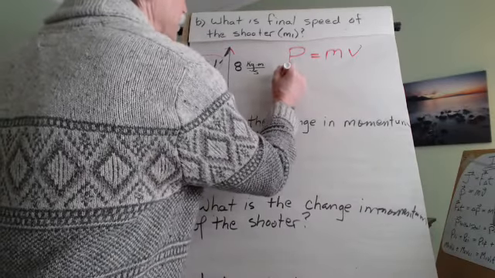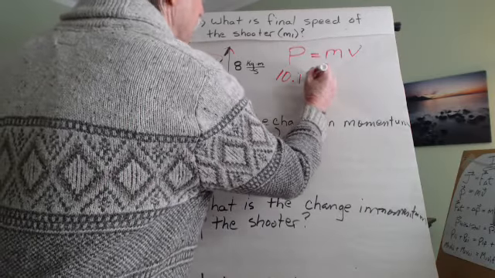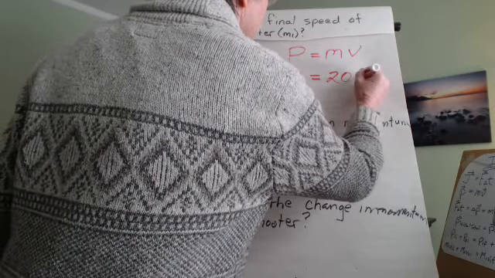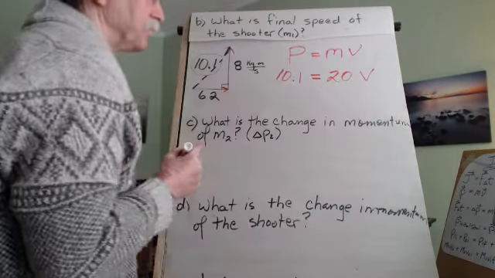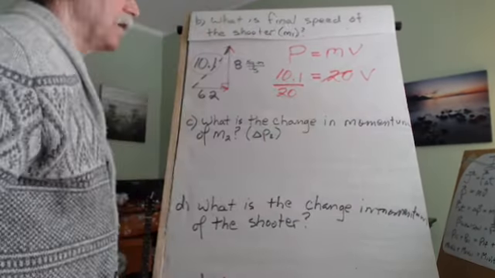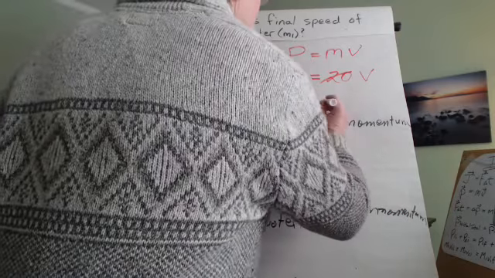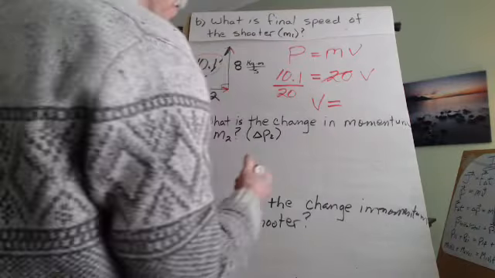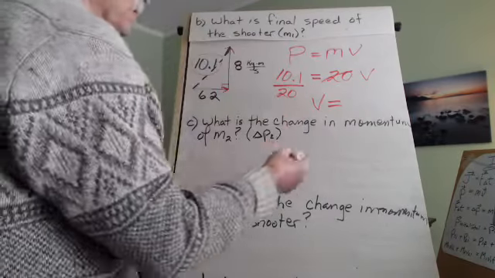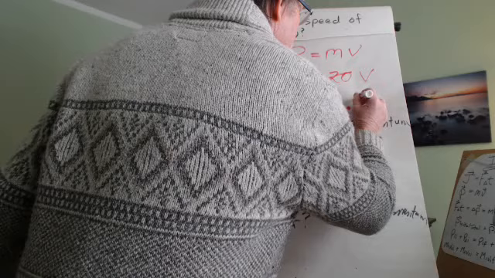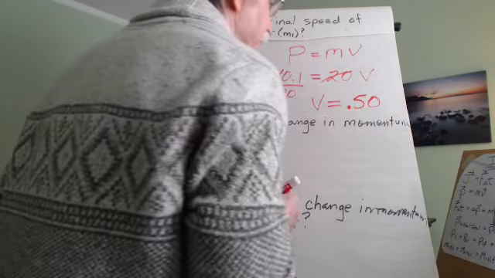We already know it's 10.1, and that's equal to 20 V. So let's cross these 20s away, divide it out the other side, and you'll have V is equal to, depending on how you're carrying your decimals and all that kind of stuff, you'll get V is equal to 0.50 meters per second.